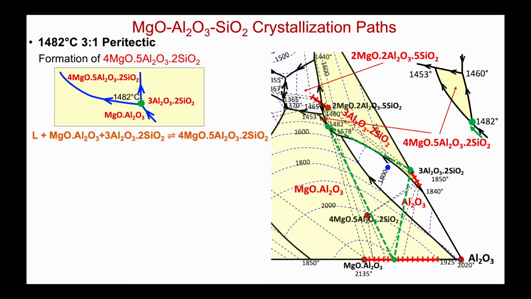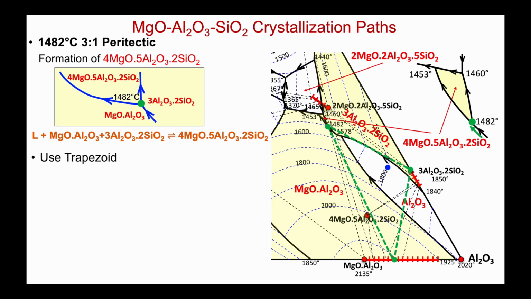Let's blow it up on the left just to try and make things clear. So first of all, what is the equilibrium? One valley coming in, so it's liquid plus the two primary phases either side of it, shown here, in equilibrium with the primary phase field that lies between the two exiting valleys.